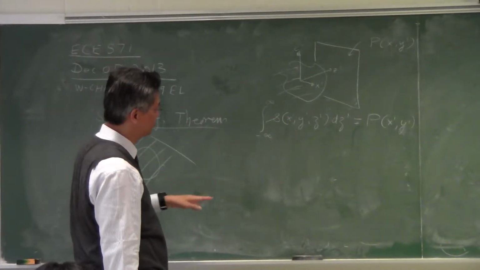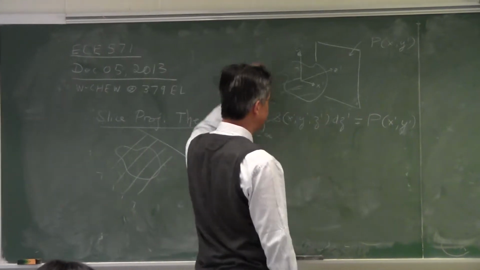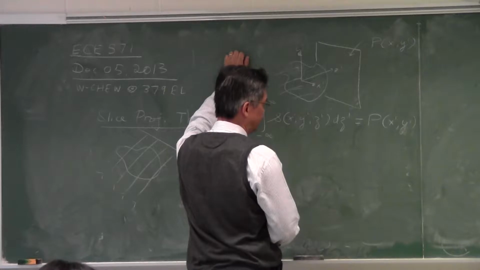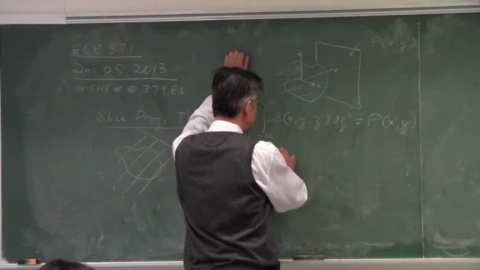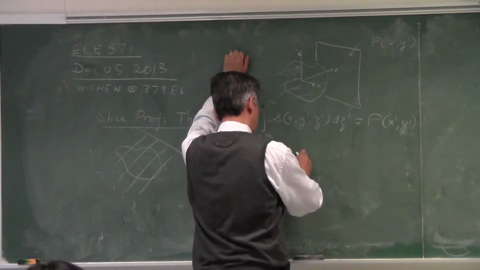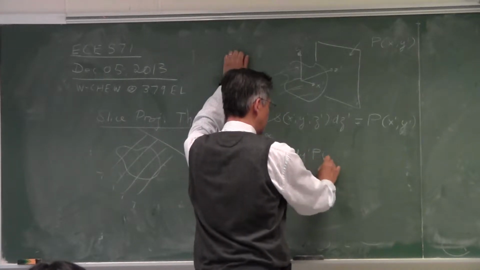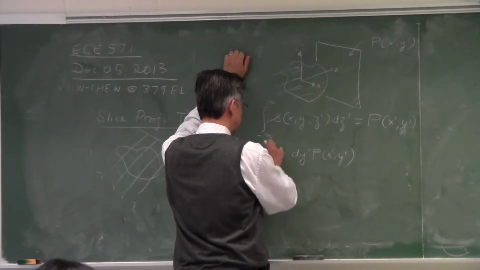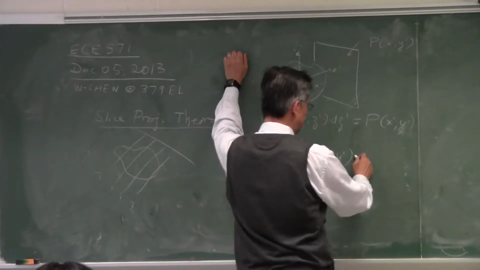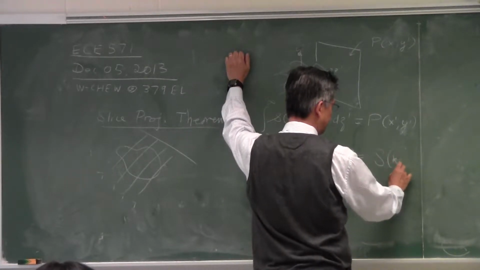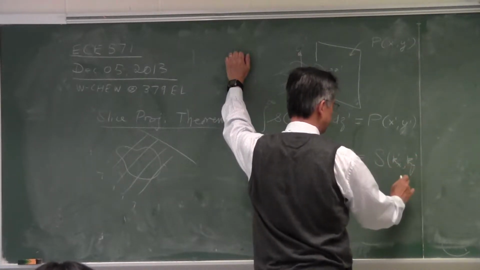And you can also do a very simple trick by Fourier transforming this. If I do this Fourier transform, then this would correspond to S tilde of kx prime, ky prime.